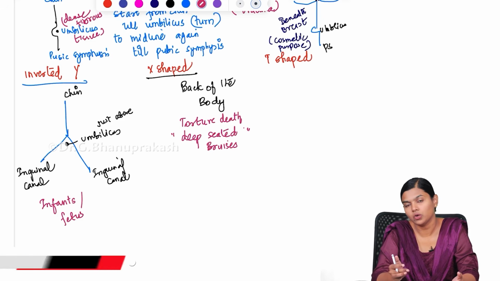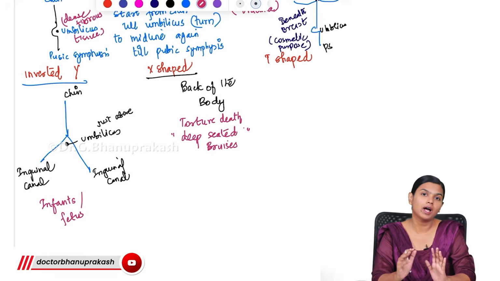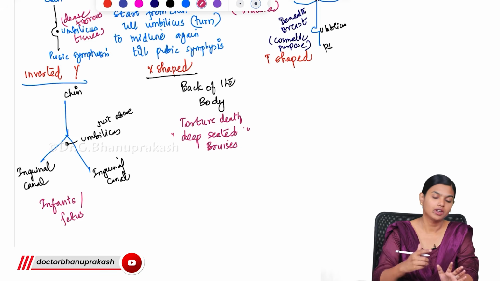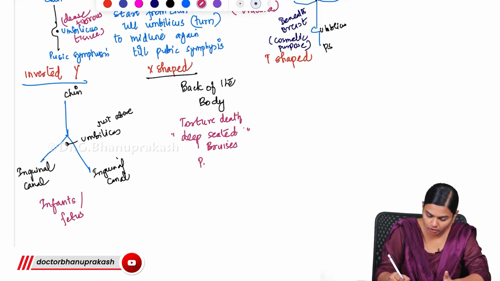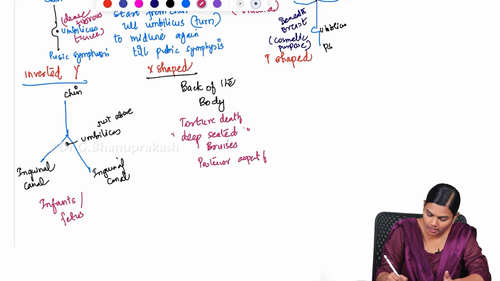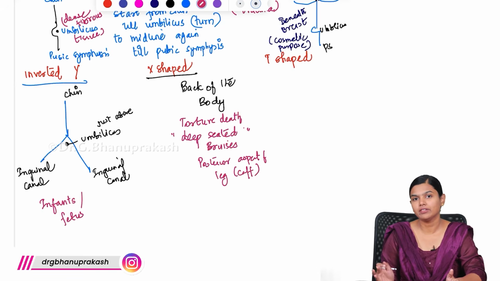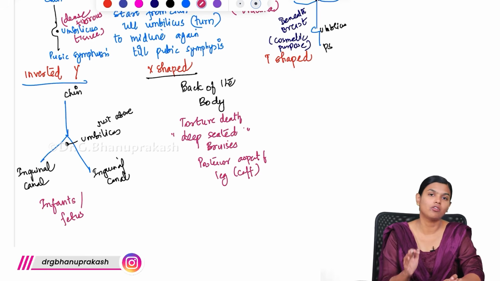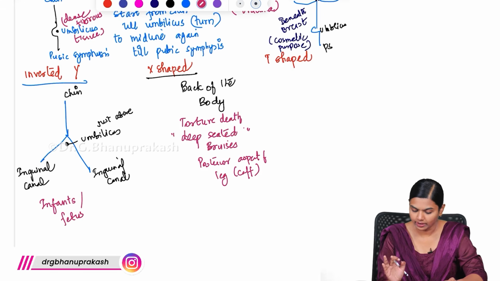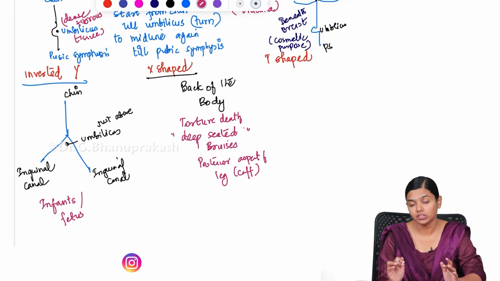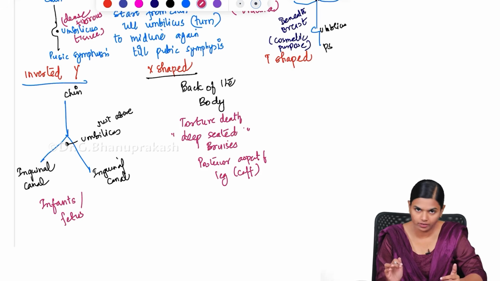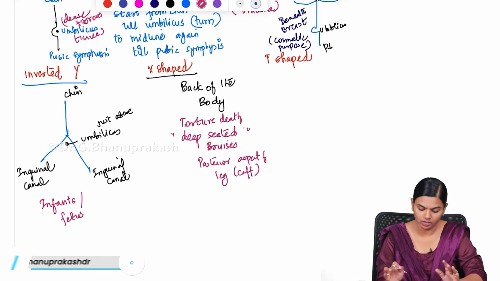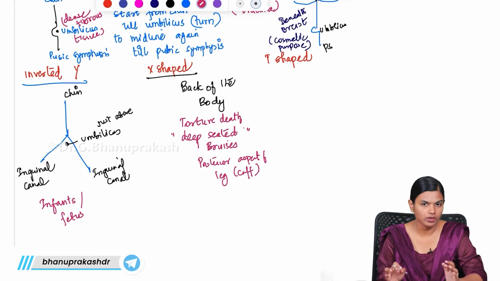But if there is injury over the soles or over the back, or especially over the posterior aspect of the leg, the calf, in all those places you won't be able to identify the bruises very easily. So there you have to make an incision to find out all these deep bruises, and this X-shaped incision is mainly used to identify those deep-seated bruises. Clear? So this is another type of incision.